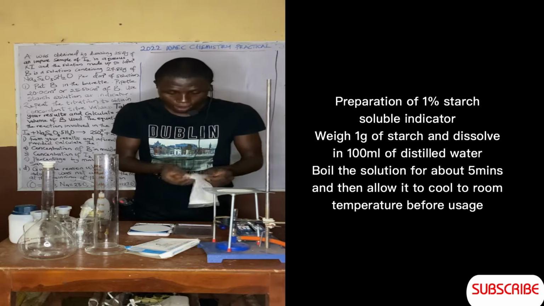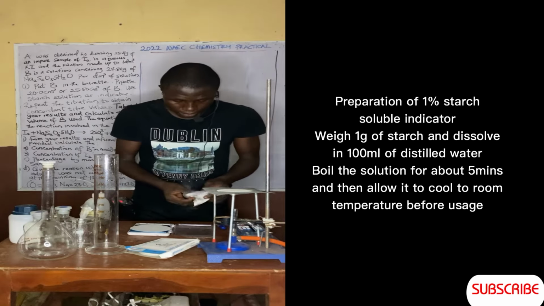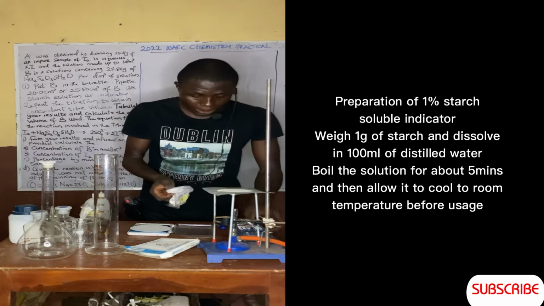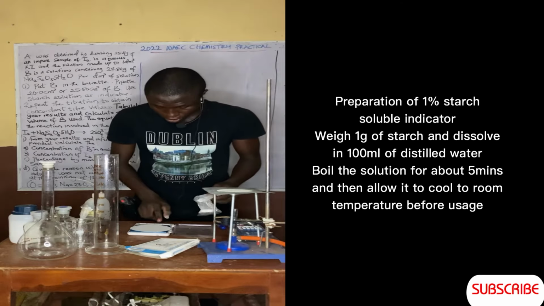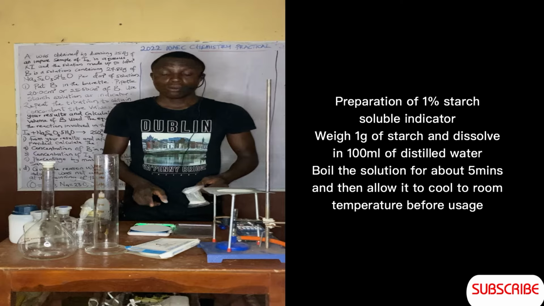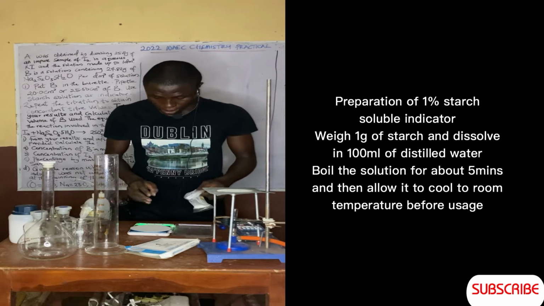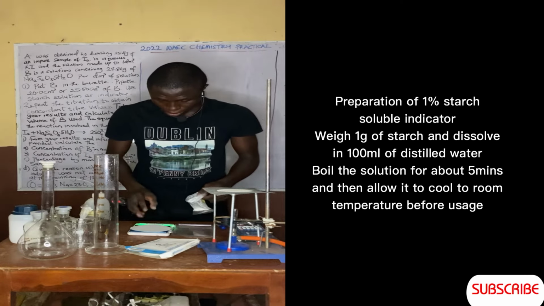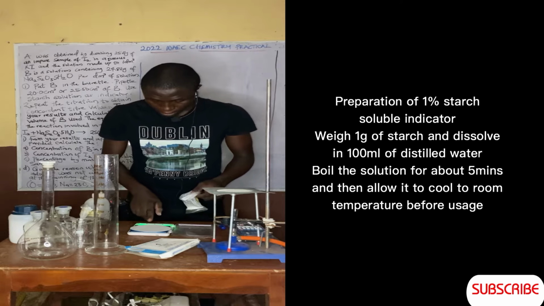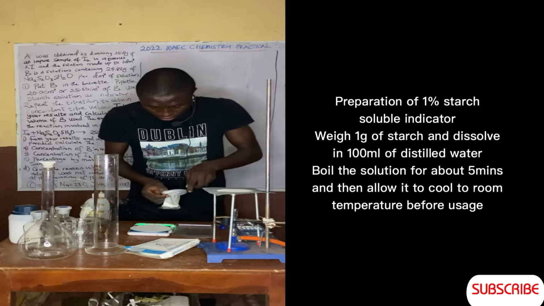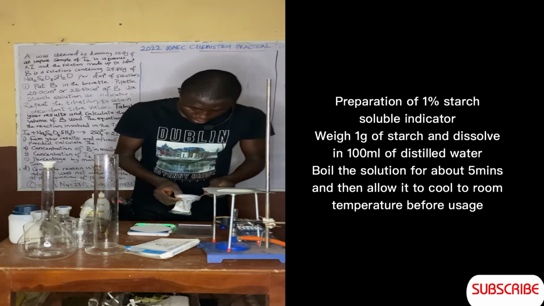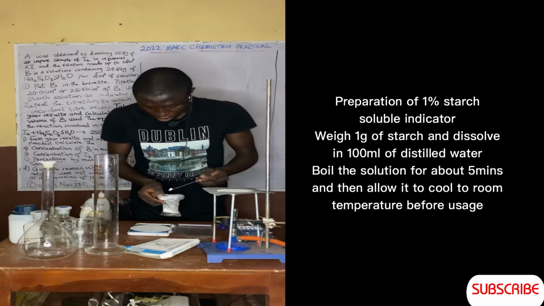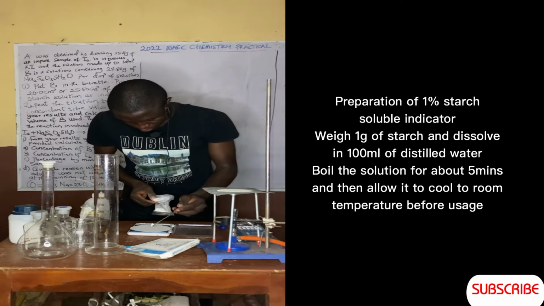Remember we are measuring 1 gram of this. You hold your weighing balance, then you set it to 0. Then you now measure 1.0 gram of soluble starch.